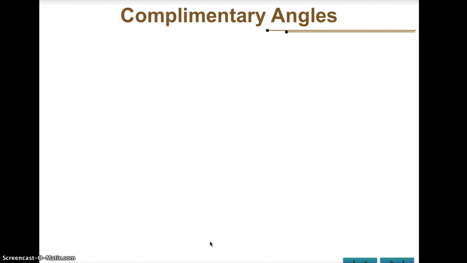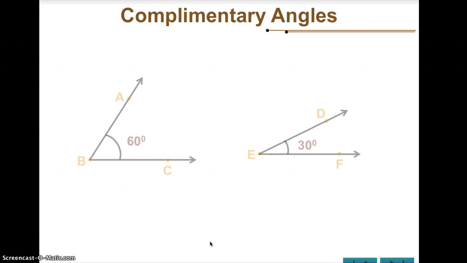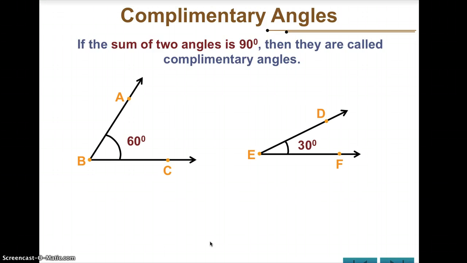Complementary angles. What are complementary angles? Two angles are complementary when the sum of these two angles is equal to 90 degrees. Given angle ABC, which is an acute angle because it only has 60 degrees, and another angle, angle DEF, which is also an acute angle, 30 degrees.